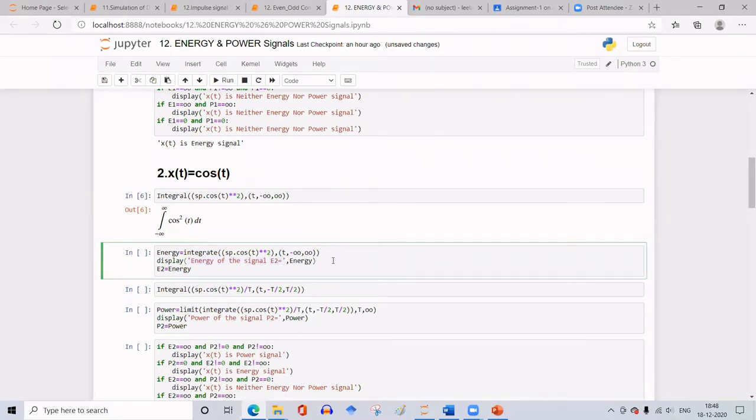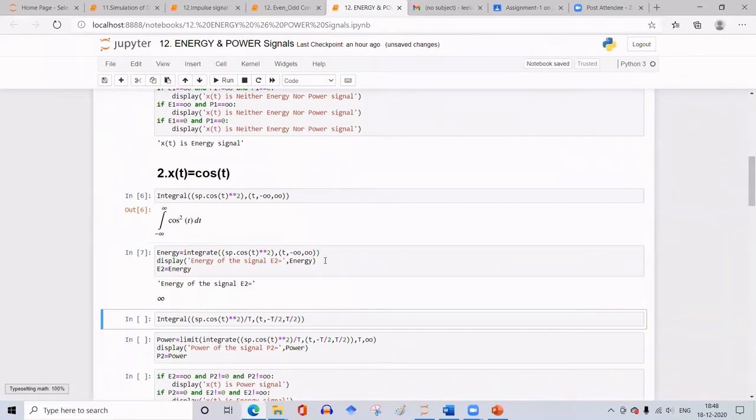I am designating that energy by E2, representing that it is the energy of problem number 2. Why I am doing this, you will know at the end of the page after solving all the problems. So now we find that it is infinite energy.